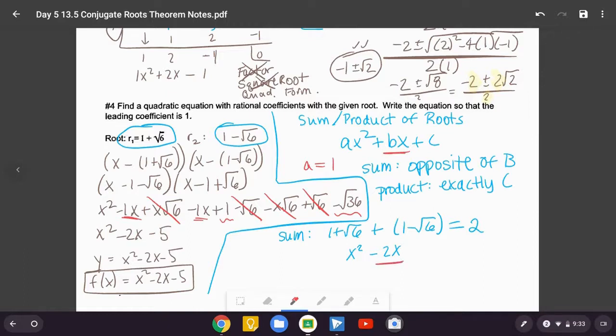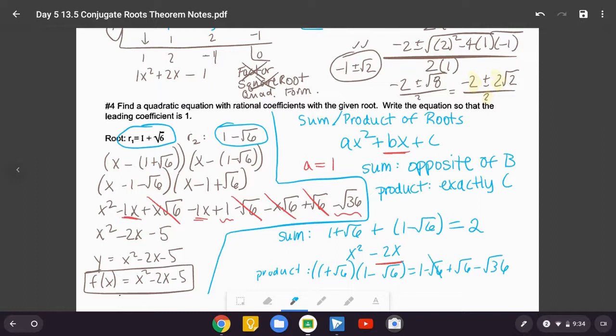All right, and then let's find the product of our two roots. So the product is multiplying 1 plus root 6 times 1 minus root 6. If I distribute everything, I get 1 minus root 6 plus root 6 minus square root of 36.